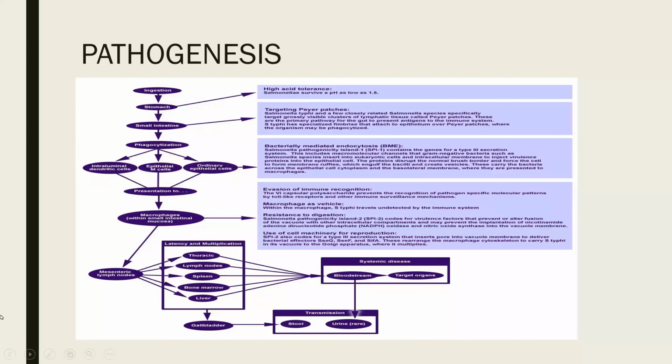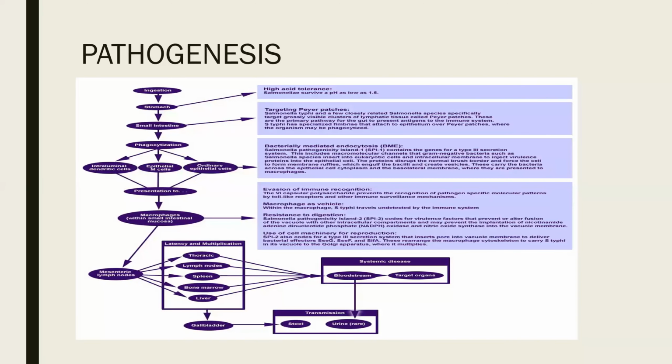So from the ingestion, it goes to the stomach, and that's where the pH plays a role. It's able to survive this, and then it proceeds to the small intestine, to the duodenum, and subsequently to the ileum. After the stomach, in the small intestine, it tends to target Peyer's patches, and these Peyer's patches are intestinal lymphoid tissues.